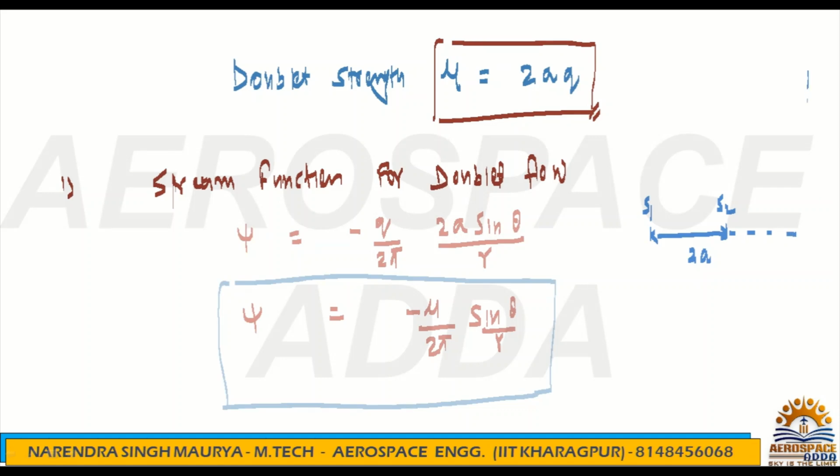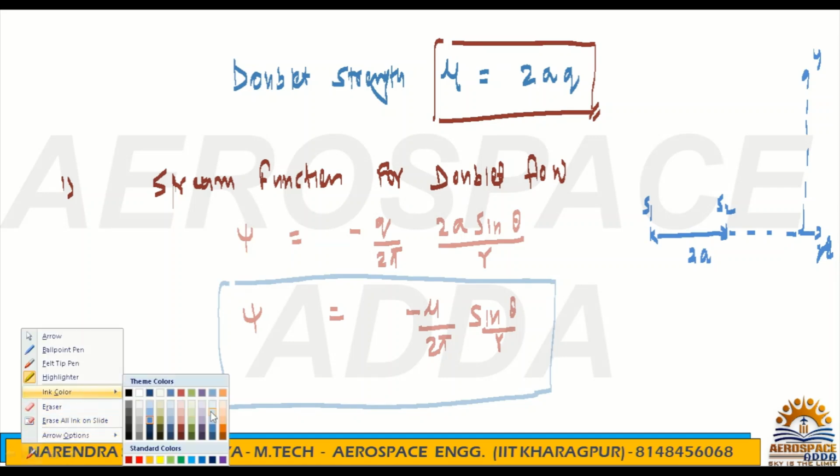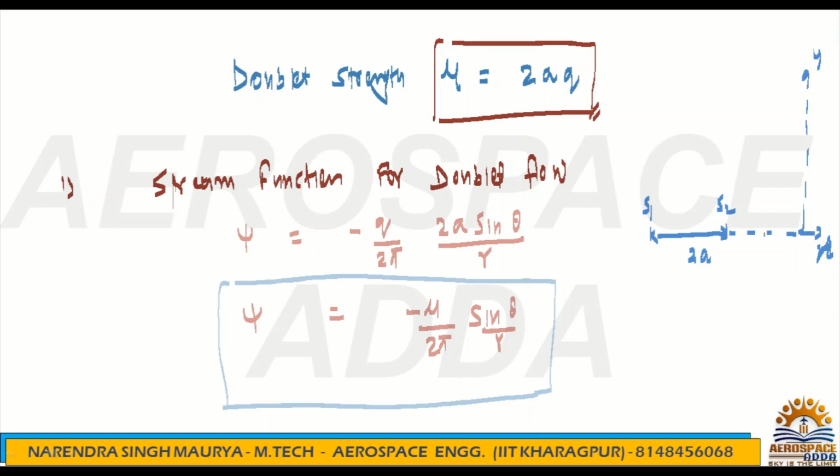I can take the x-axis here and this is the y-axis. Obviously the y-axis means distance will be y, and this is distance x. Somewhere here I can consider one point P, and this vertical distance is y.